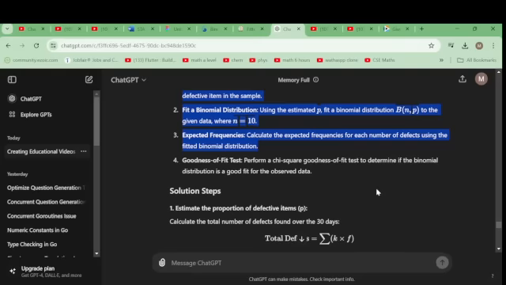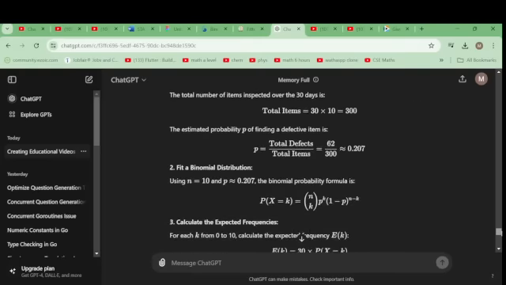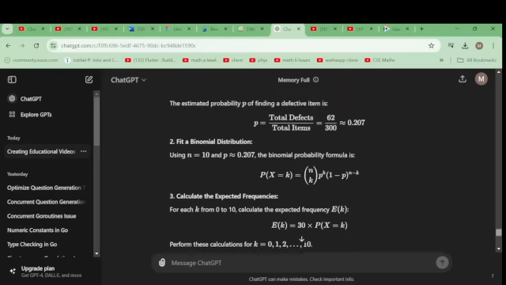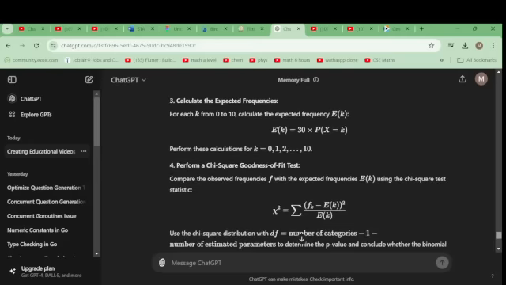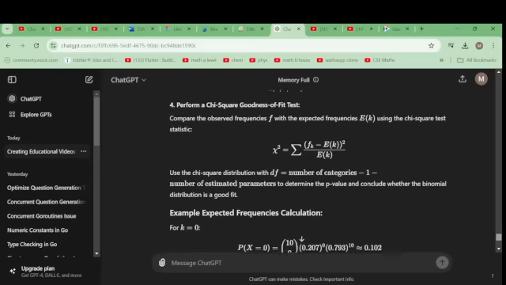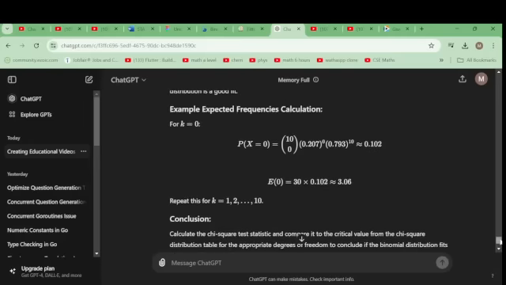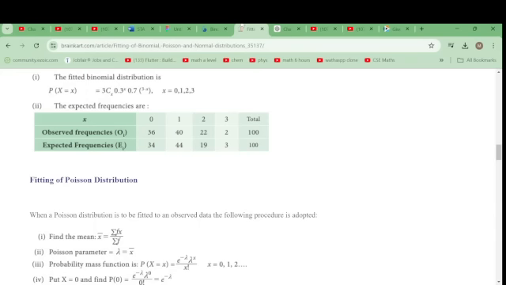So let's see what ChatGPT gives. Yeah, 30. That's correct. So ChatGPT also used 30.